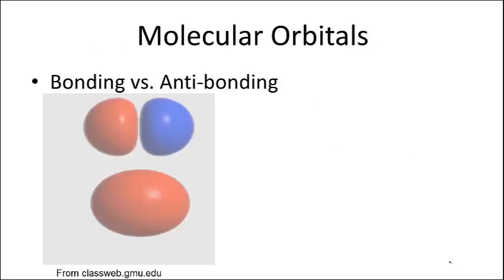So bonding versus antibonding orbitals. In this picture, my two nuclei would be probably somewhere around here and here. So if you imagine putting electrons in these two, in the bonding orbital, most of the electron density is between the nuclei, so it pulls them together.